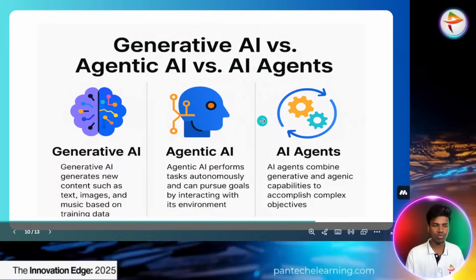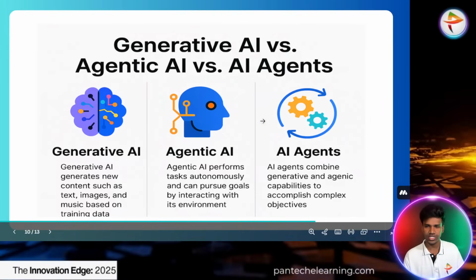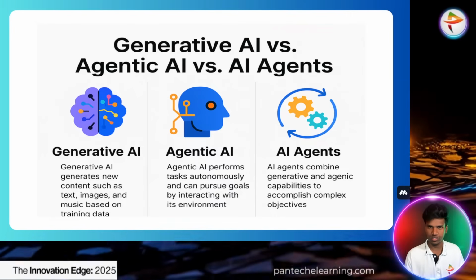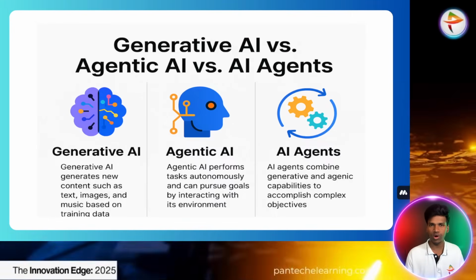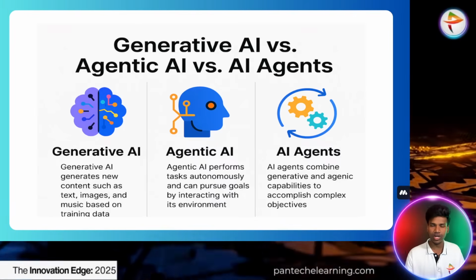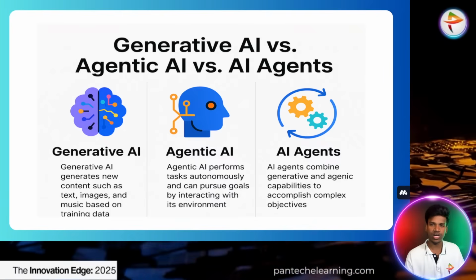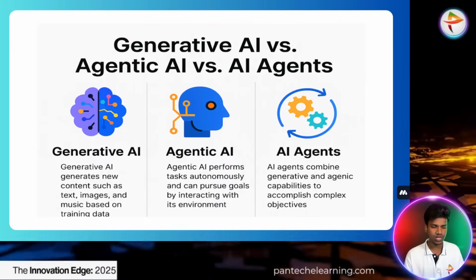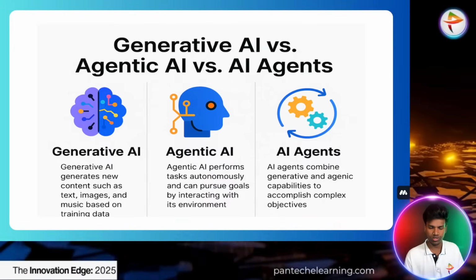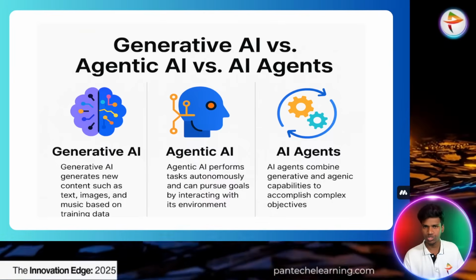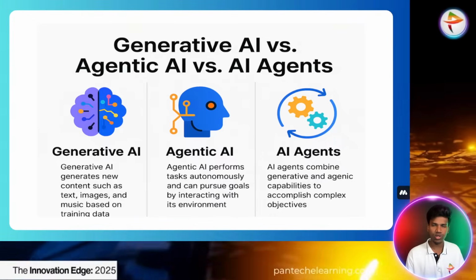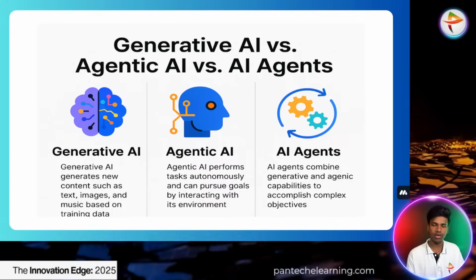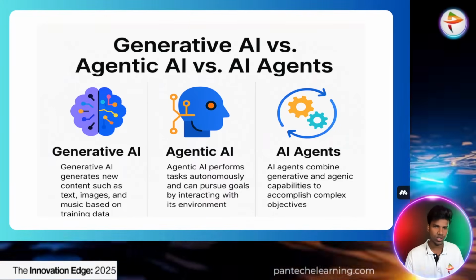What is the difference between generative AI and agentic AI? We already discussed this. Generative AI creates new things: text, video, audio, image, everything is newly generated based on previous data. Agentic AI performs tasks autonomously and can pursue a goal. An AI agent is a tool, while agentic AI is a process. I showed examples for this already.